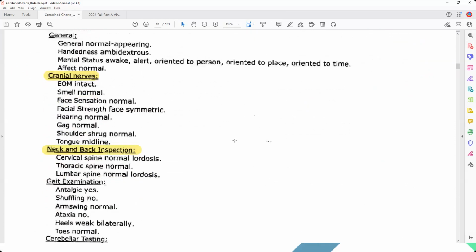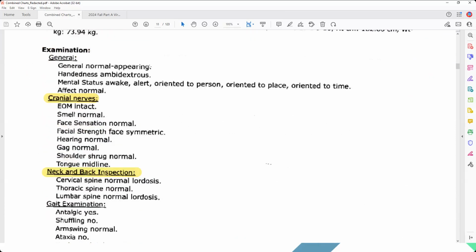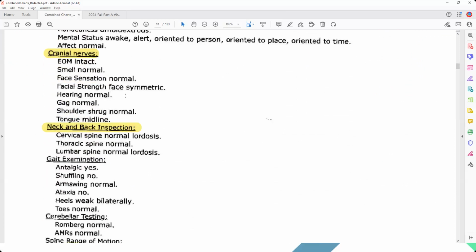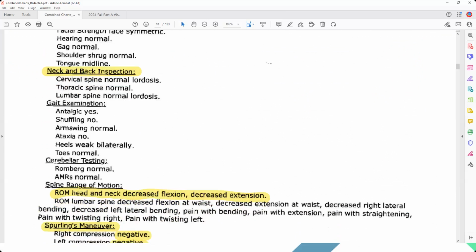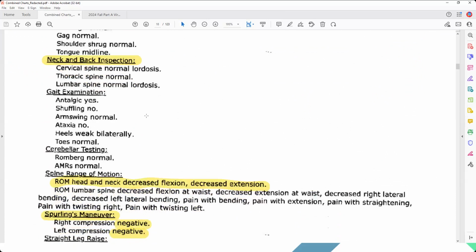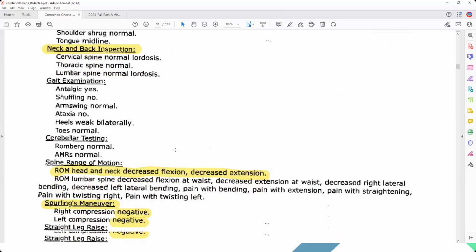As we move on and we look at some of the examination and testing, we start seeing that cranial nerves all look good, the neck and back inspection, a lot of that is coming out normally.